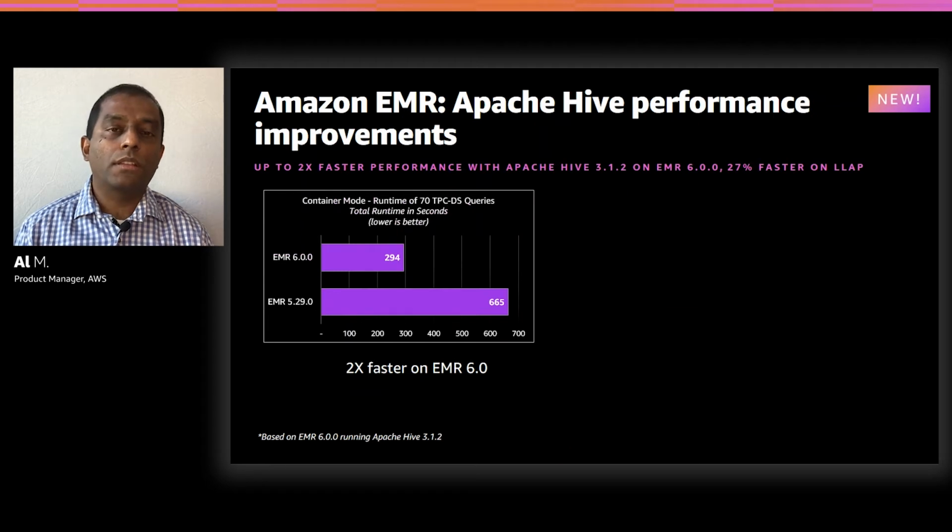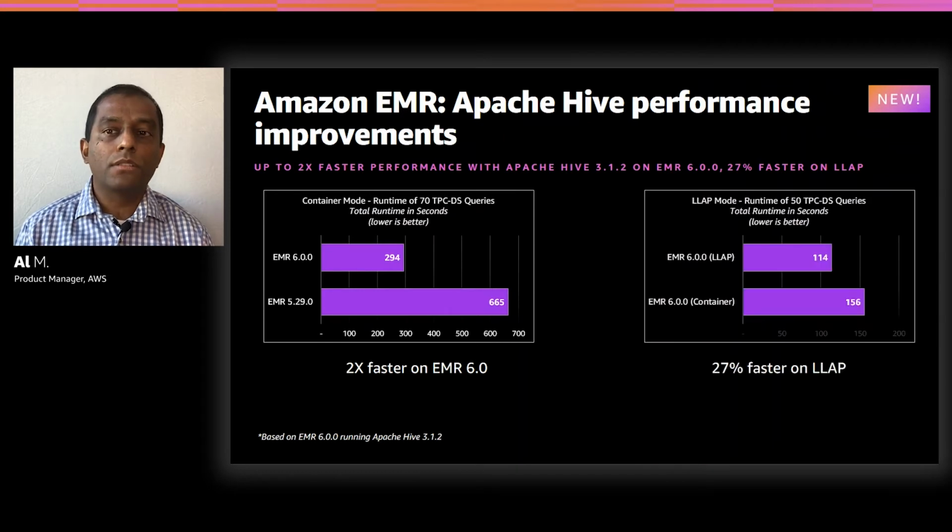The results show that these TPC-DS queries ran twice as fast on EMR 6.0 with the default Amazon EMR Hive configuration. Hive LLAP, or Hive Long Live and Process, is optional on EMR 6.0 and all Hive queries executed using dynamically allocated containers when Hive LLAP is disabled.